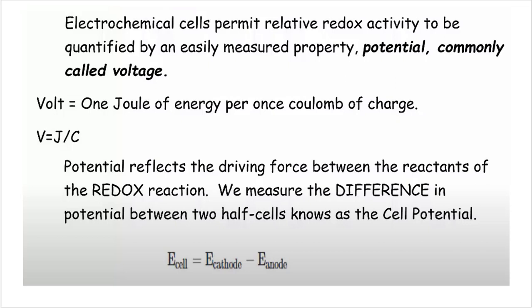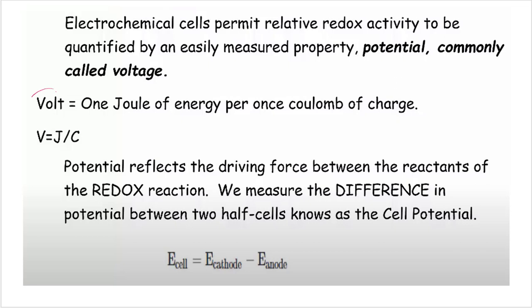We've been drawing these little voltmeters, and now I want to learn how to calculate what the voltmeters would say when I set up 2 half reactions and connect them, completing a circuit. When electrochemical cells permit relative redox activity, we're quantifying that with a measurable property known as potential, commonly called a voltage.